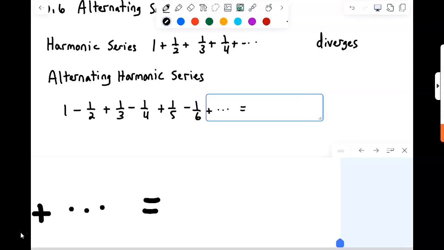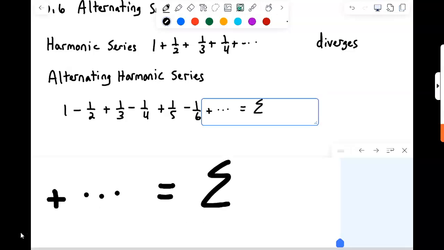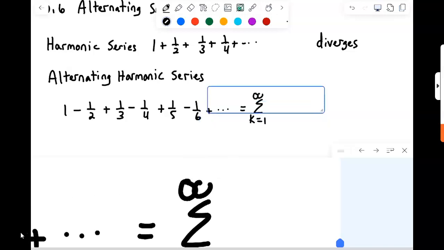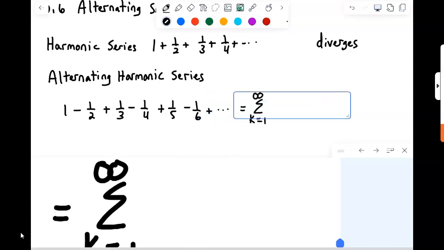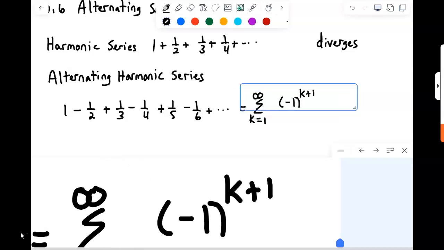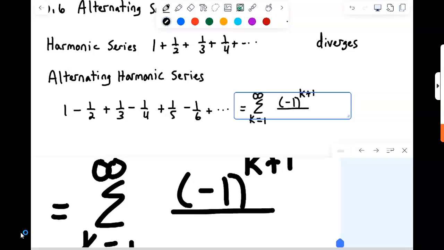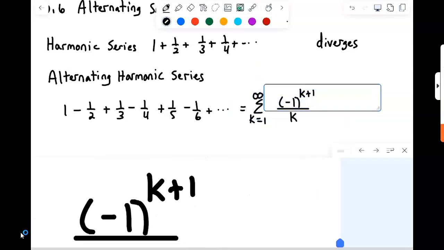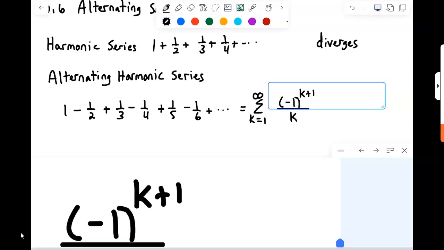Well, we can write that in symbols as the sum as k goes from 1 to infinity of minus 1 to the k plus 1 over k. So we're using this alternating sign, which is typically either a minus 1 to the k or a minus 1 to the k plus 1.